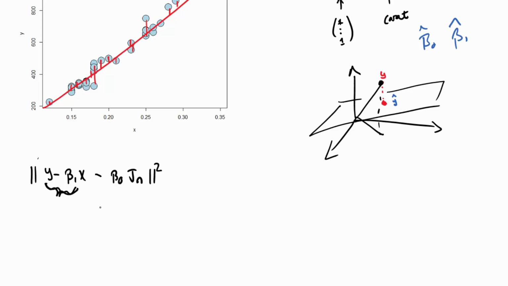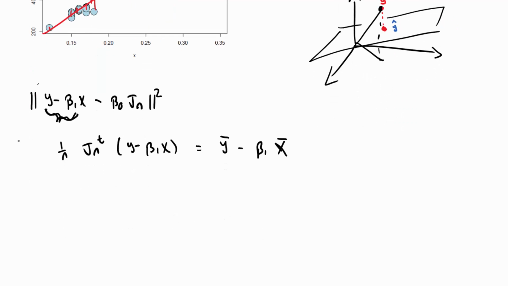Okay, so the average of that vector there is just 1 over n jn transpose times y minus beta 1 x. Okay, but because of linearity, this works out to be 1 over n jn transpose times y, which is y bar, minus beta 1, which is a scalar, times 1 over n jn transpose times x, which is x bar. So we know that the minimizer has to go through the point y bar minus beta 1 x bar. So that's our intercept, beta naught hat, as it depends on beta 1, has to be equal to that.